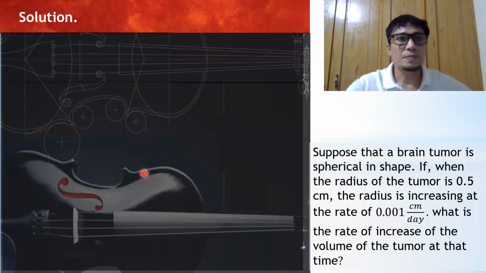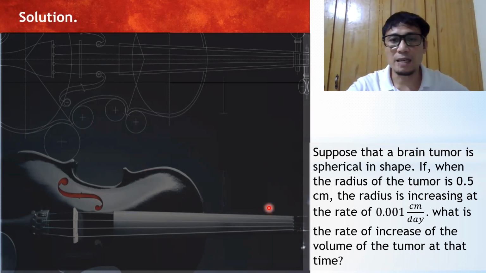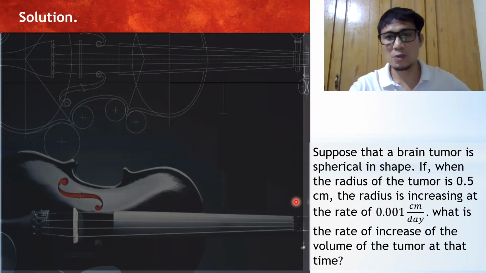Okay, let's analyze the problem very carefully, and we must be able to identify the given information from the problem. What are the quantities mentioned in the problem? And after that, we'll try to describe the relationship of those quantities so we can form an equation.